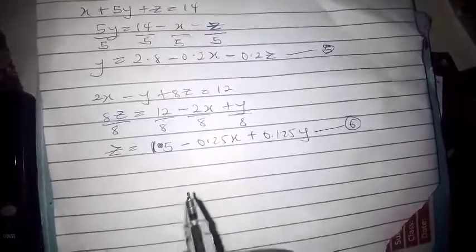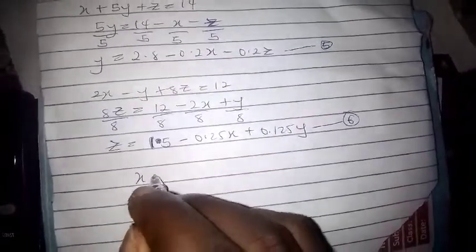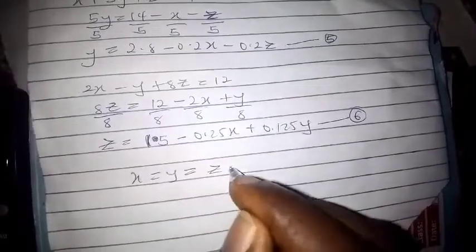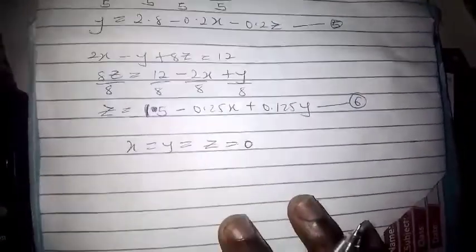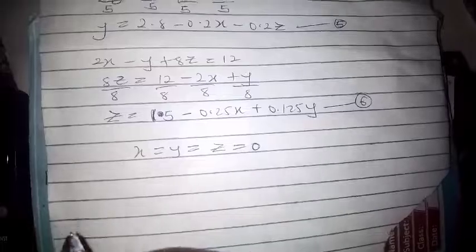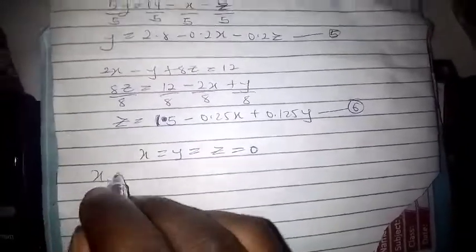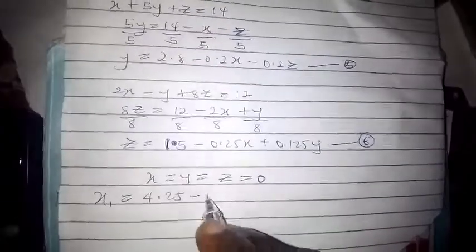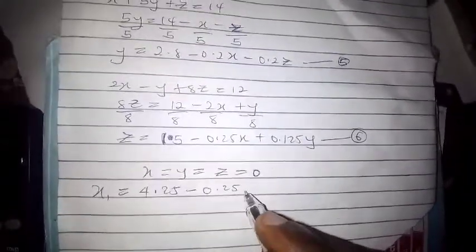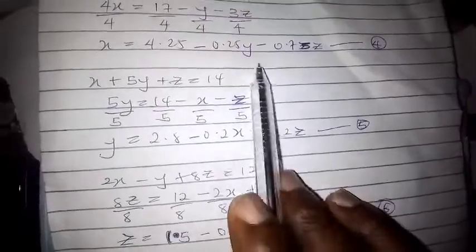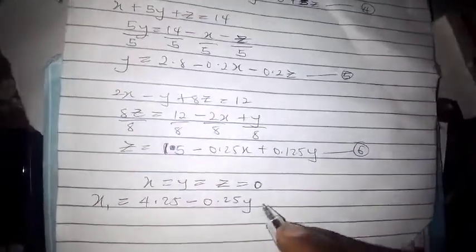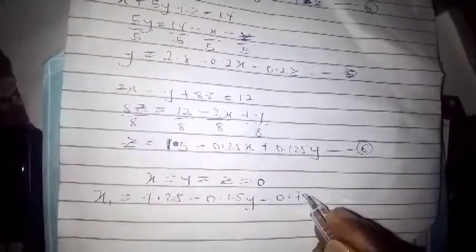Now let's start. According to Jacobi's method, my x is equal to 0, my y is equal to 0, and z is equal to 0. Now let's start our first iteration. So x1 will be equal to 4.25 minus 0.25y minus 0.75z.